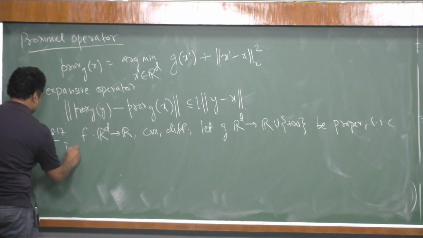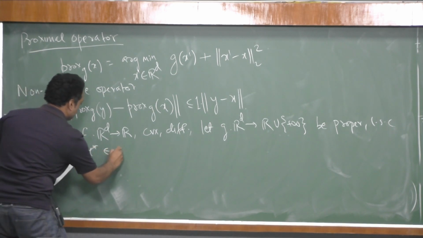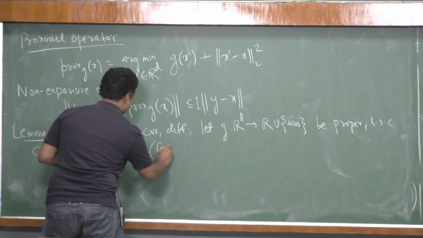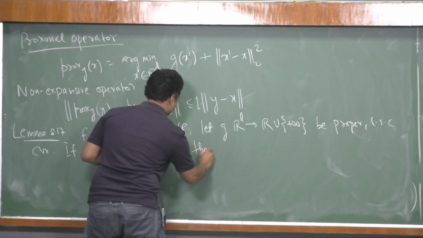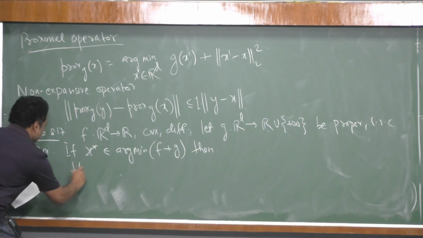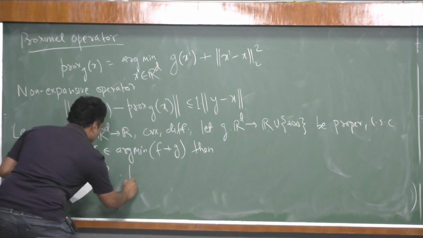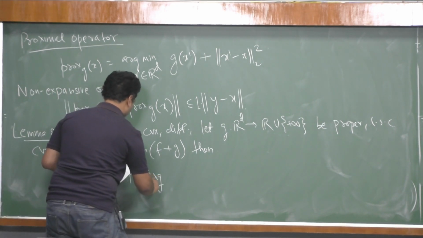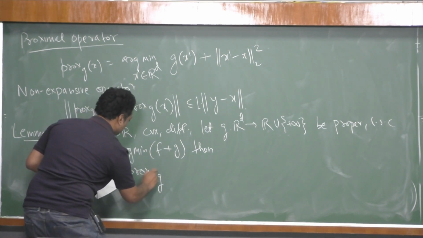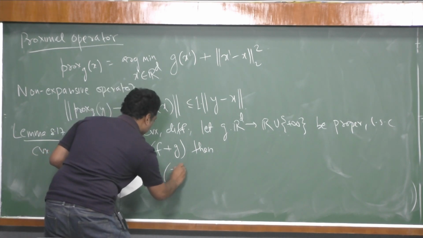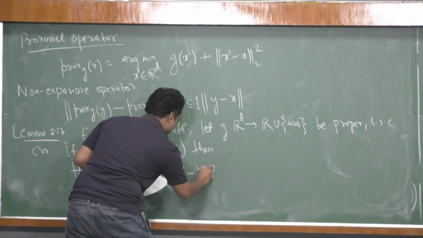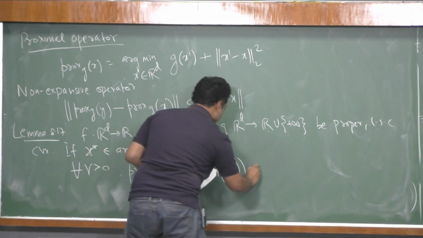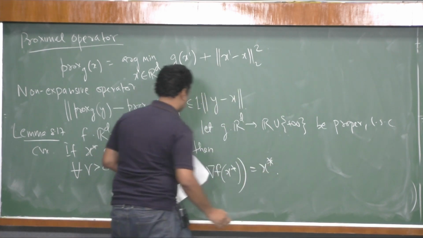If x star is in the argmin of f plus g, then for all gamma greater than 0, prox of gamma g at x star minus gamma grad f of x star is equal to x star. This is the result we have.